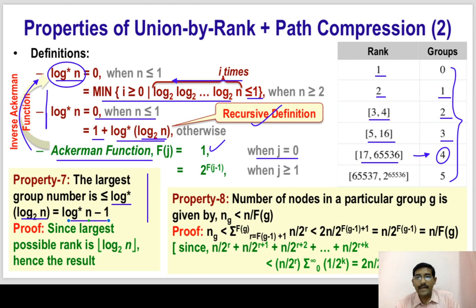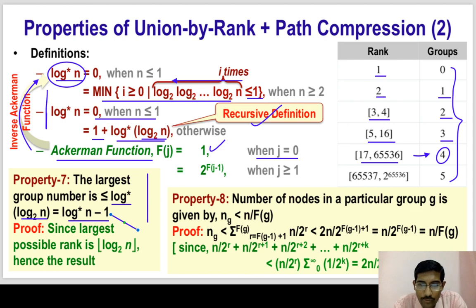So if I make groups of the ranks, the largest group number that I can assign to any node in the disjoint tree is bounded by log star n minus 1. Why am I at all interested in this value?